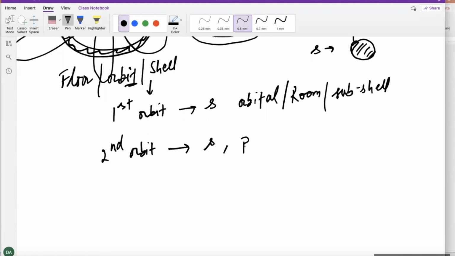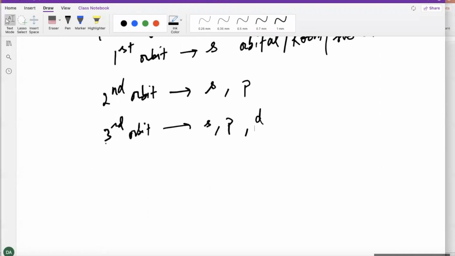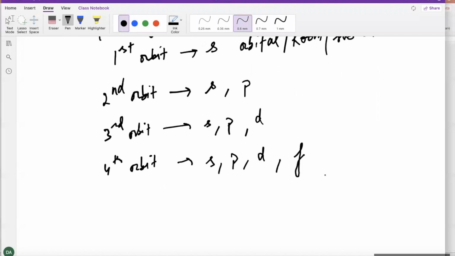So, guys, S and P, this is the orbital, or a room, or a subshell that you can find in the second orbit, or second shell, or second floor. Then when you go to the third floor, you can find the same S, you can find the same P, but then you also find a new orbital, which is called D. As you go to the fourth floor, as you would expect, you have the same S, P, and D, but then you have an additional F orbital as well, okay?